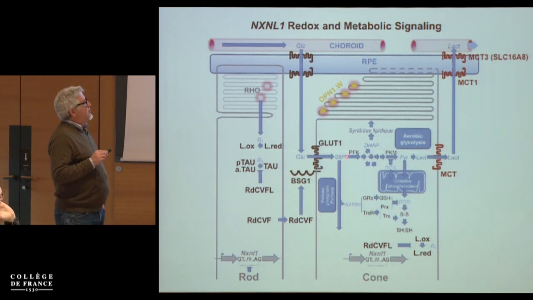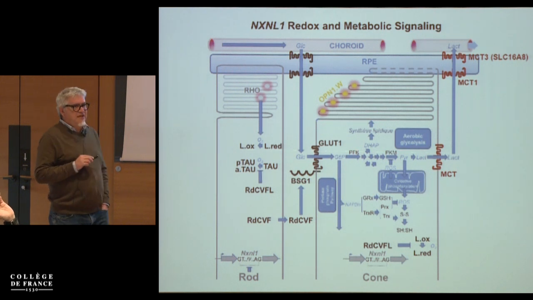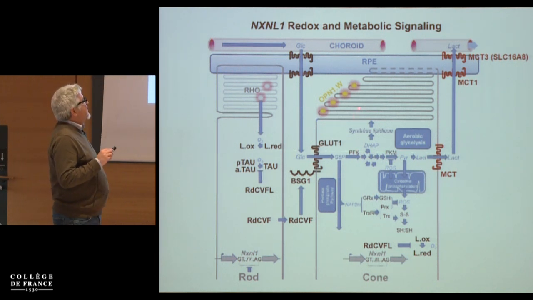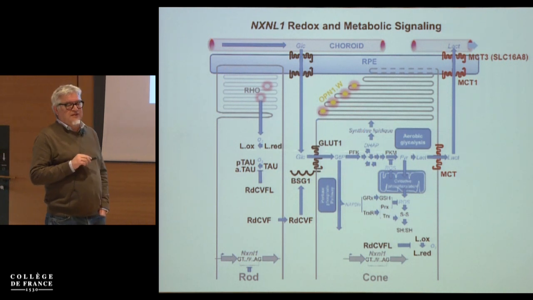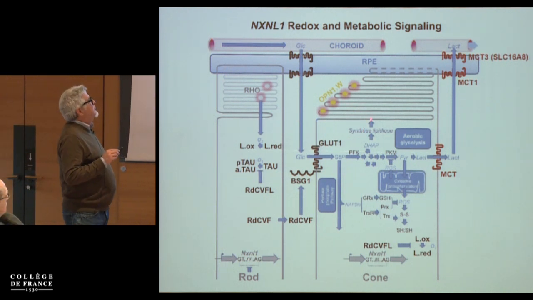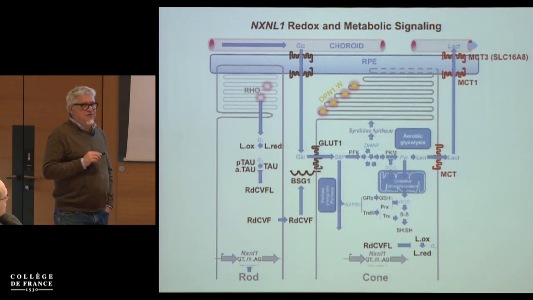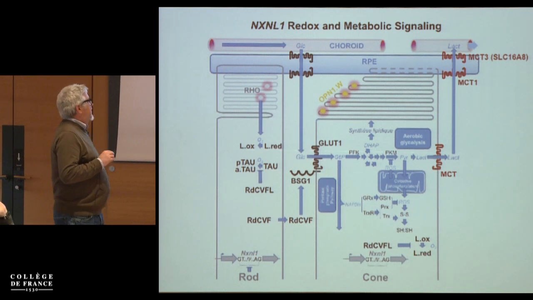Then, we show clearly in cone-enriched culture that the trophic activity of RDCVF depends on aerobic glycolysis, which makes carbohydrate intermediates as in cancer cells, probably to participate in the outer segment renewal by promoting synthesis of triglyceride, I think, in this case.